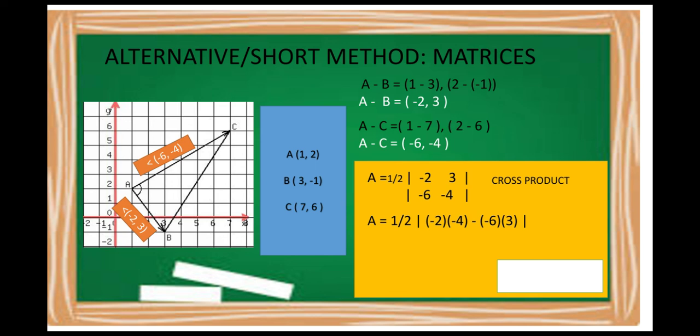This is how the cross product works, so just multiplying them crosswise.